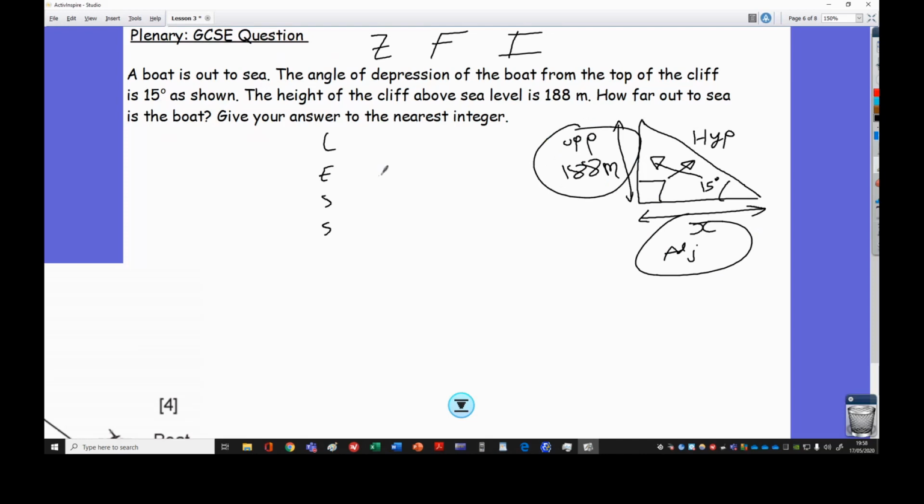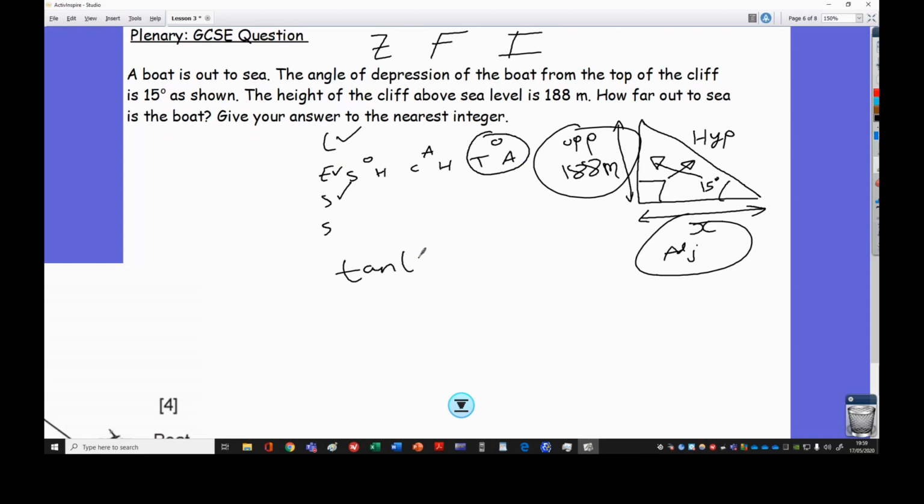We have the opposite, and we want the adjacent, so we're going to use SOHCAHTOA, and we select tangent. Now we can form our equation.